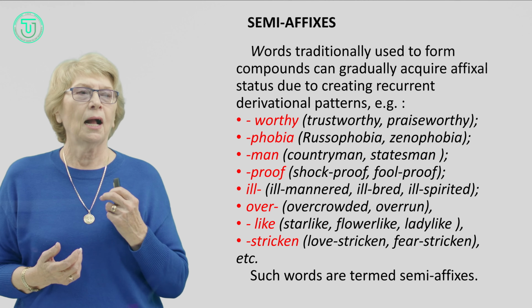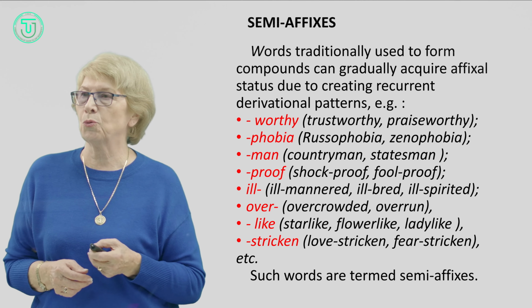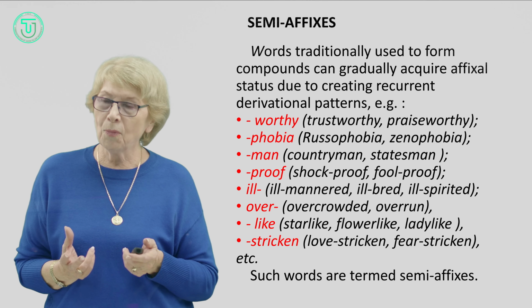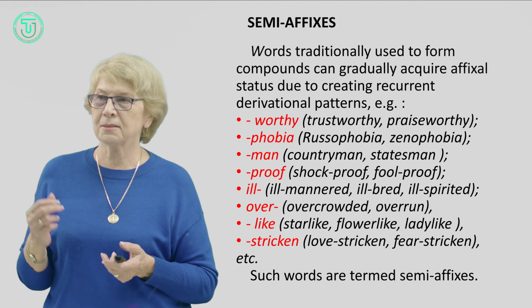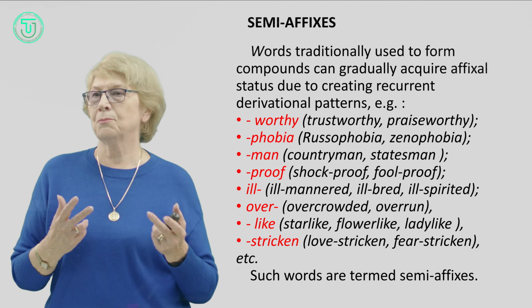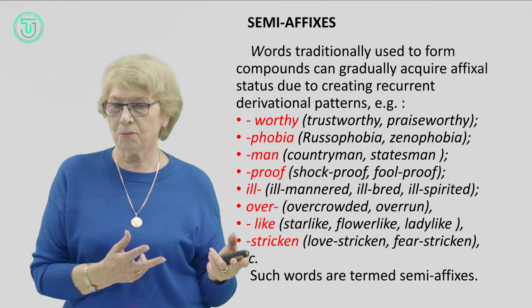Right. So this happened, for example, with the word man. We know man basically in two meanings: a man is a male human being, and man as a person, right?